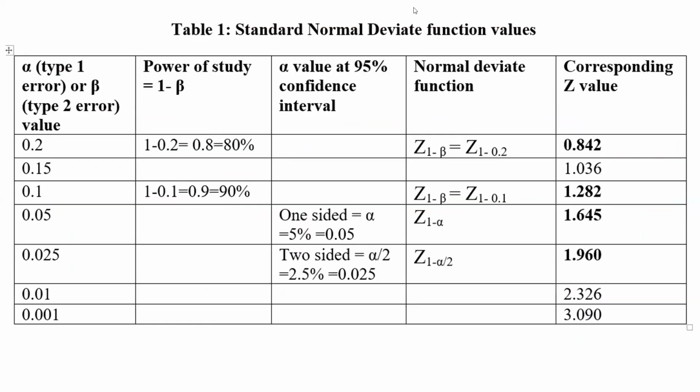Please see this. I think you know about the Z value at 80% power of study, Z beta value, and Z 1 minus beta value at 90% power of study.